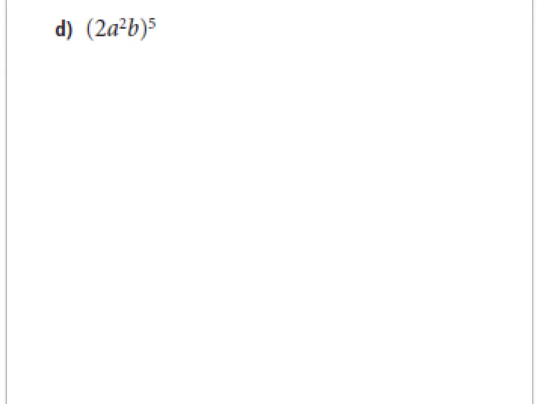The next example is 2a squared b exponent 5. Again, I'm going to distribute exponent 5 inside the bracket. If you do that, you get 2 exponent 5, a squared exponent 5, b exponent 5. So this one goes here, this one goes over here, and this one goes for b.